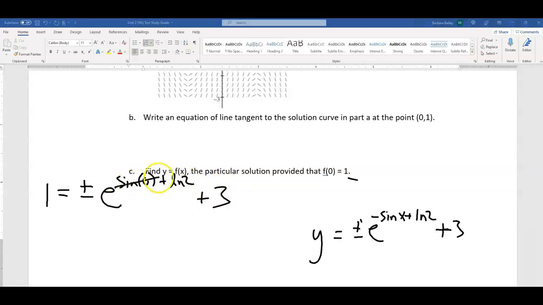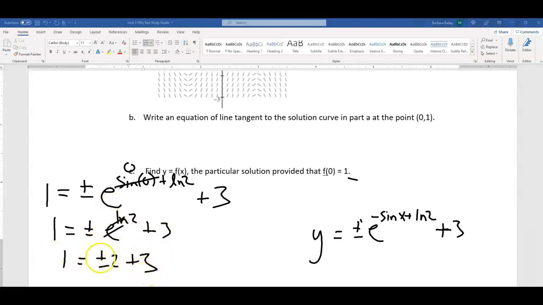So sine of 0 is just 0. And 0 plus ln of 2 is just going to be ln of 2. So now it's e to the ln of 2. These cancel out, right? And so now I'm left with plus and minus 2 plus 3.